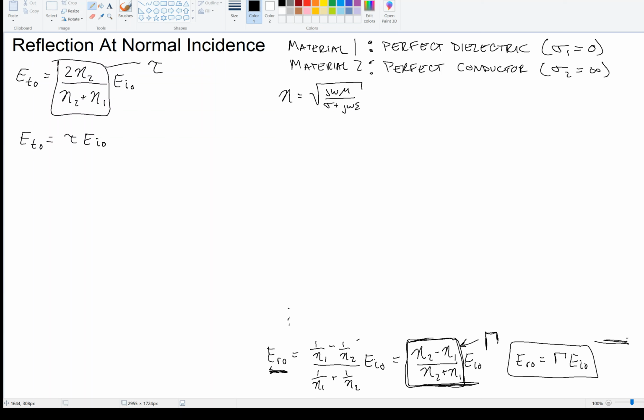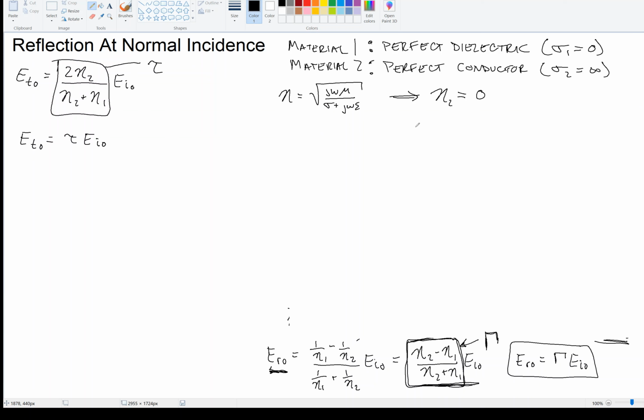Right away we see that for material 2, with a conductivity of infinity, we have a finite number over infinity, which is 0. So the impedance of material 2 is 0. Of course, because it's a perfect conductor: you can conduct or you can impede, but you can't do both.